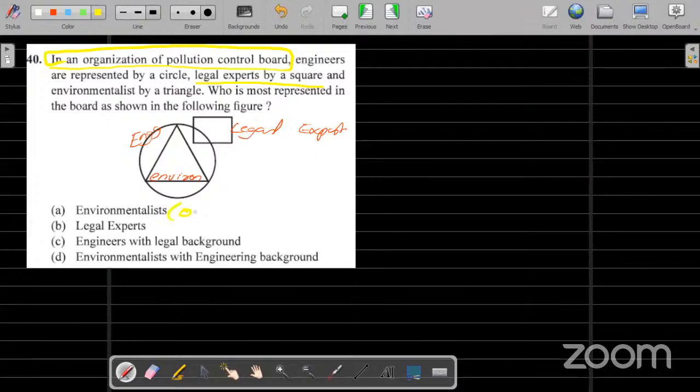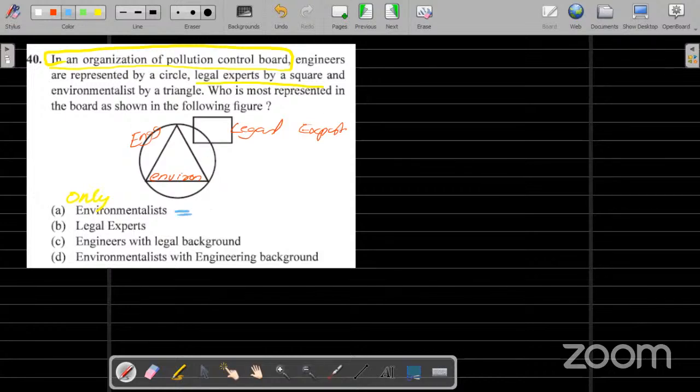Environmentalist means only environmentalist. And there is no portion for only environmentalist. All environmentalists are engineers too. So that portion, environmentalist means that should be only environmentalist. There is nobody there.